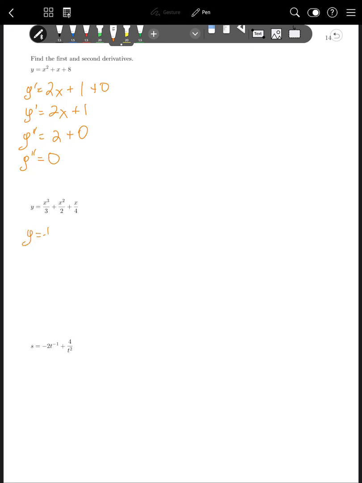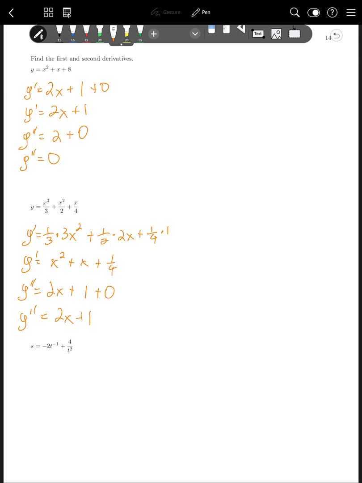So this would be y prime equals 1/3 times the derivative of x cubed, which is 3x squared, plus 1/2 times the derivative of x squared, which is 2x, plus 1/4 times the derivative of x, which is 1. So y prime would be x squared plus x plus 1/4. And then the second derivative: the derivative of x squared is 2x, the derivative of x is 1, and the derivative of 1/4 is 0. So y double prime is 2x plus 1.